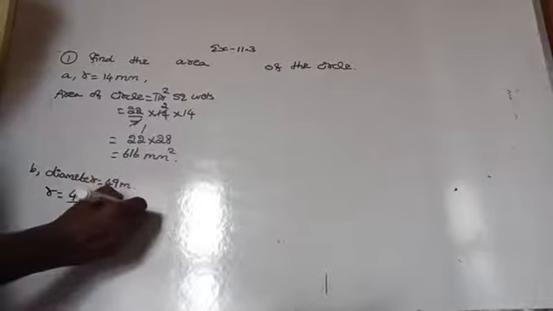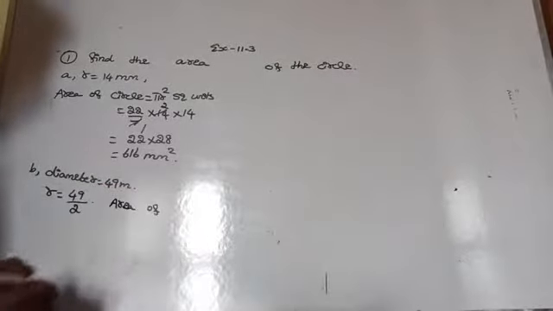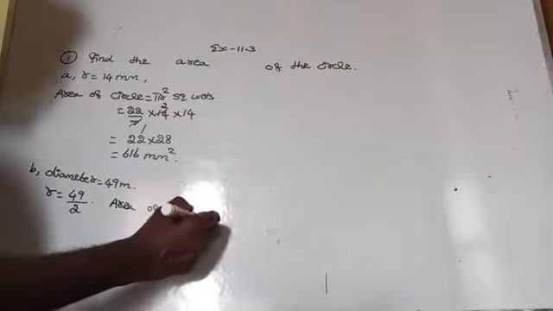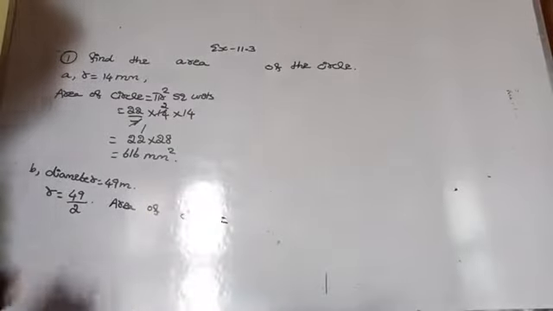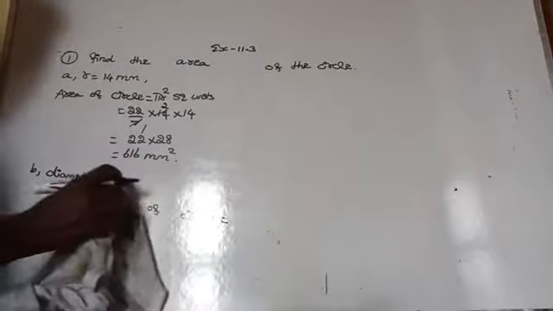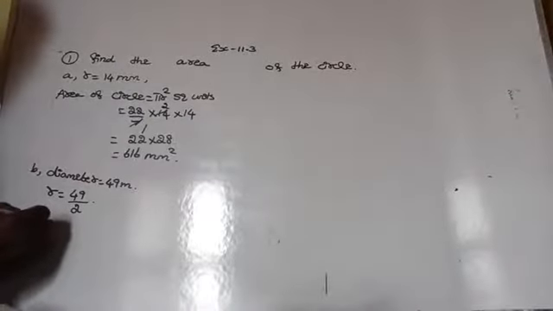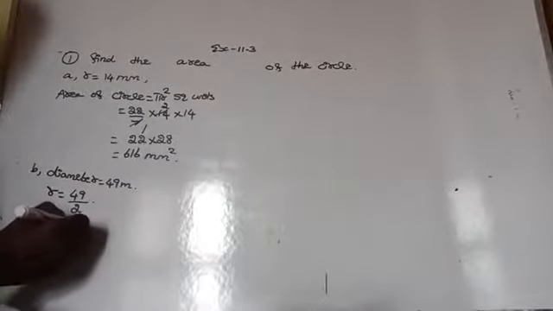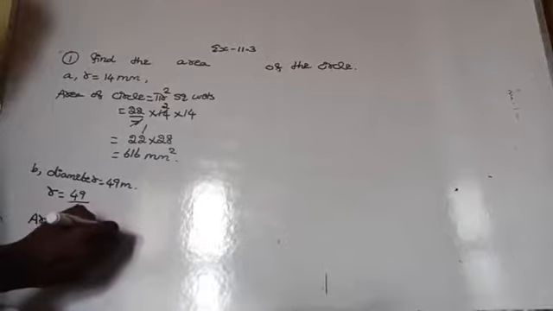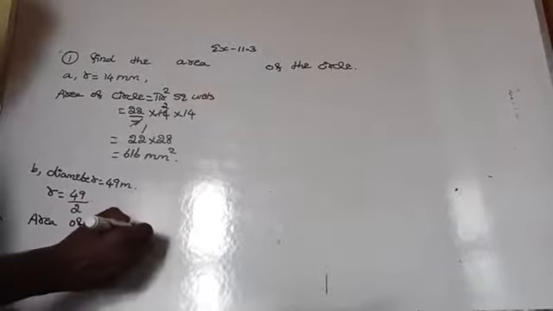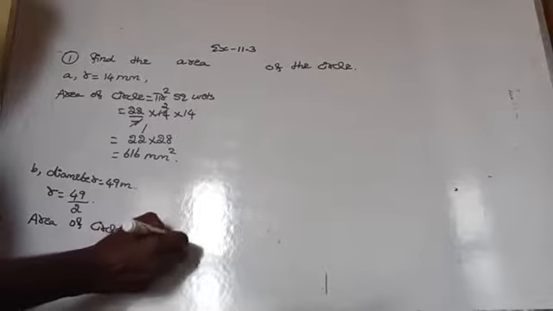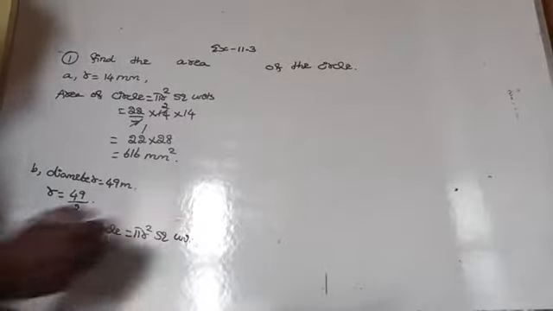Now find the area of the circle. Area of circle is equal to pi r square units. Now take the value of pi as 22 by 7.